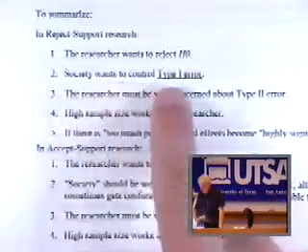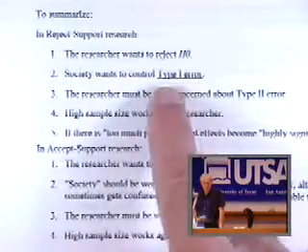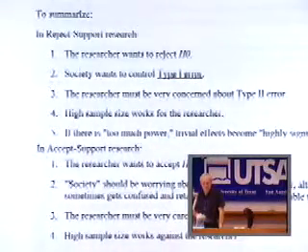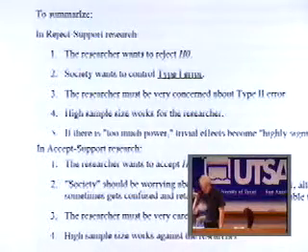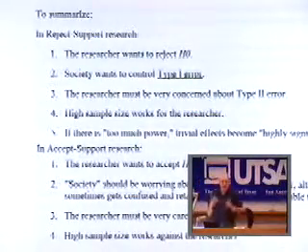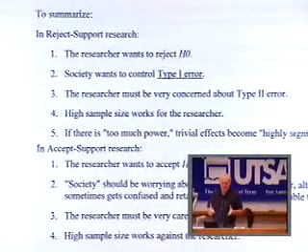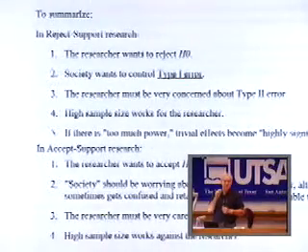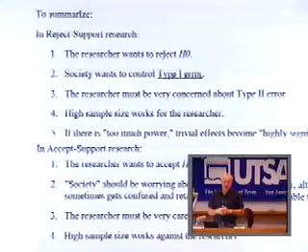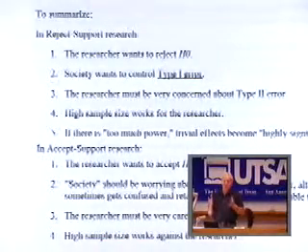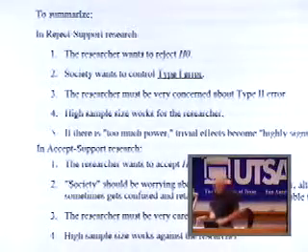So society wants to control the type 1 error, and that would be that we would, as the example I gave of having a very high sample size and making a big deal about just a little difference between the two of them, and being able to say it's statistically significantly different because I have such a high N, it pulls in the variance.